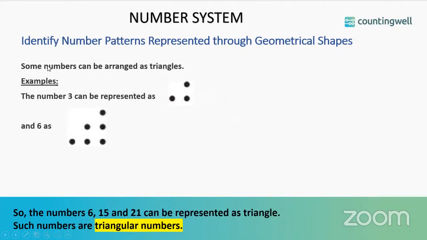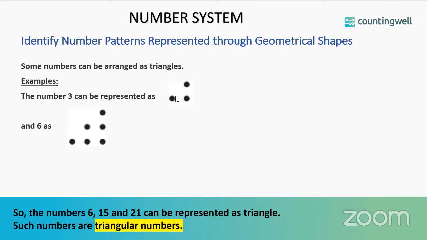Let us see some numbers which can be arranged as triangles. Example, the number 3 can be represented as, you can see here, the two sides have the same number of dots. Here you can see 2 dots arranged in the bottom and 2 dots arranged vertically.